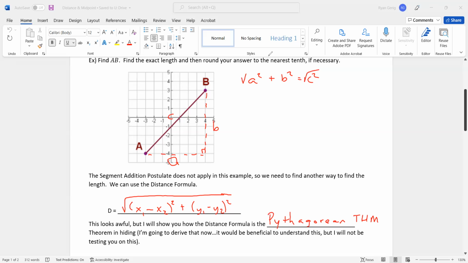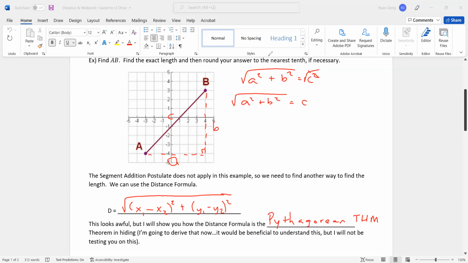I'm going to get rid of the squared, so I'm going to take the square root of both sides. So the square root of a squared plus b squared equals c. Well, what's another way to get a? Now I could use variables again, but I feel like it would confuse you a lot.